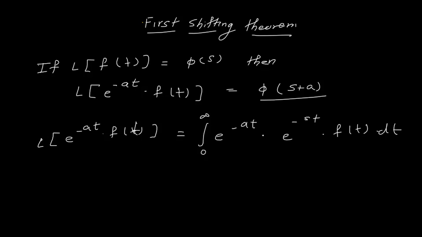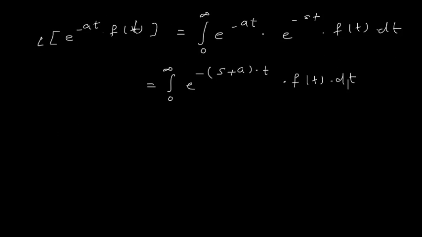So in place of f of t we have e power minus at into f of t. Now if I take minus t common, we get integral 0 to infinity e power minus, in bracket s plus a, into t into f of t into dt. So by definition this will be equal to phi of s plus a.